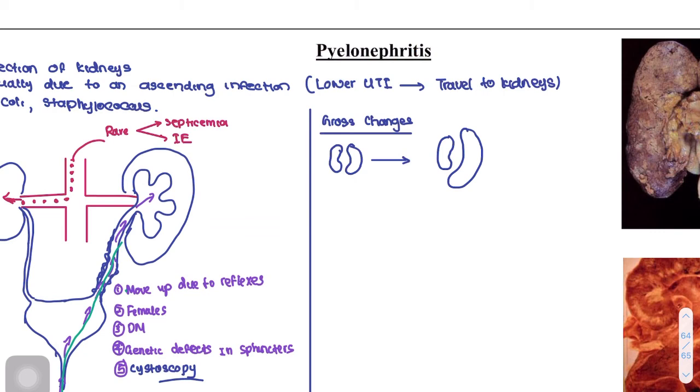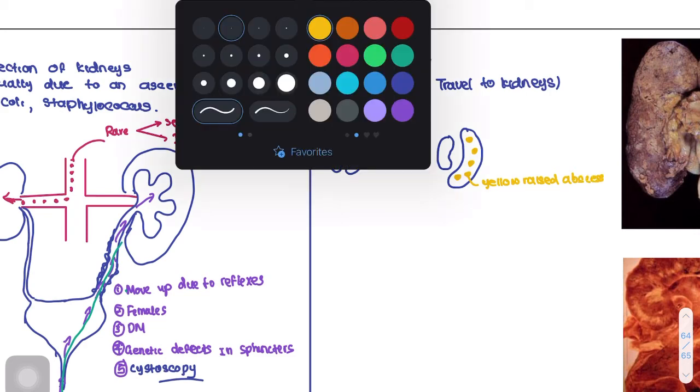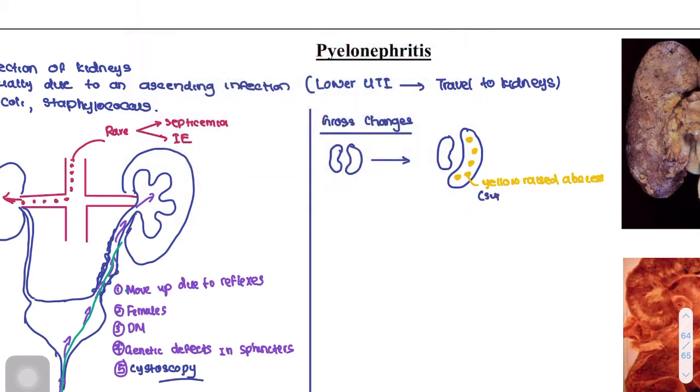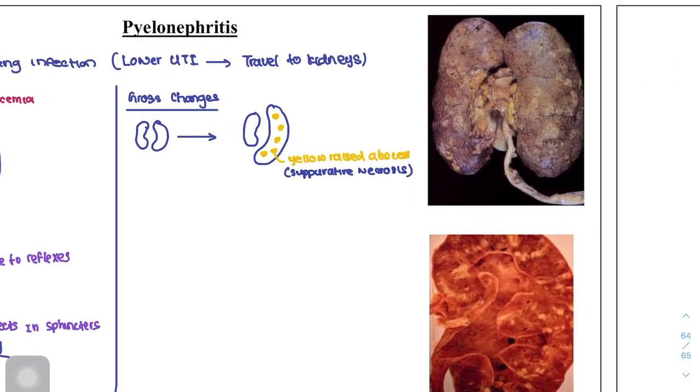What does that mean? We get pyuria, that means pus in urine. So there's going to be yellow raised abscesses. This is due to suppurative necrosis. And that can be seen very clearly in these images.